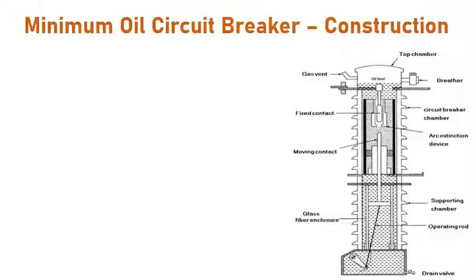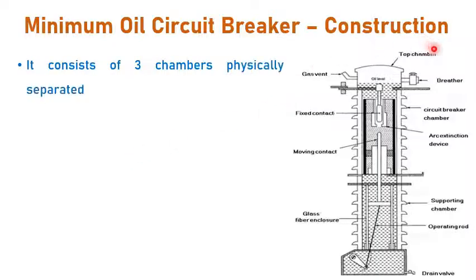When we see the construction, this minimum oil or low oil circuit breaker has three different chambers, physically separated and filled with oil.